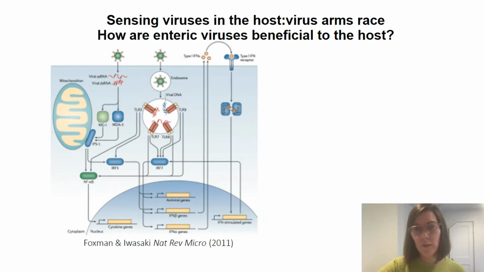And so we think about how viruses are sensed, and usually this is in the context of an acute pathogenic infection. Many of us know that viruses are sensed by our innate immune system, either by cytosolic receptors, RIG-I and MDA5, or endosomal receptors, toll-like receptors, as well as many other helicases.